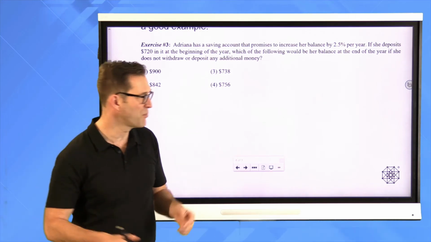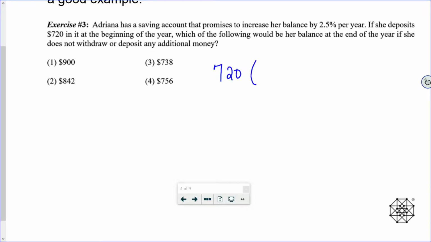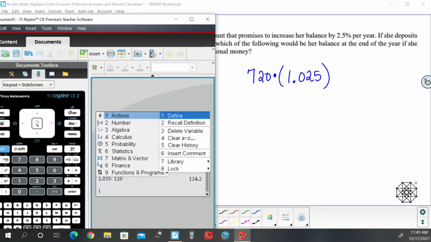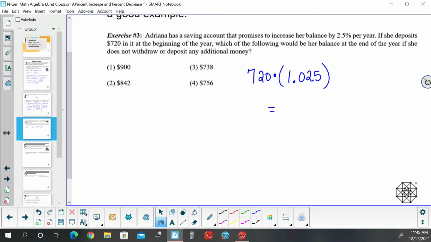All right, simple enough. I'm going to just take my 720 and multiply it by 1.025. Remember, it doesn't really matter which way that multiplication is written. So 720 times 1.025, 2.5%, gives me 738.